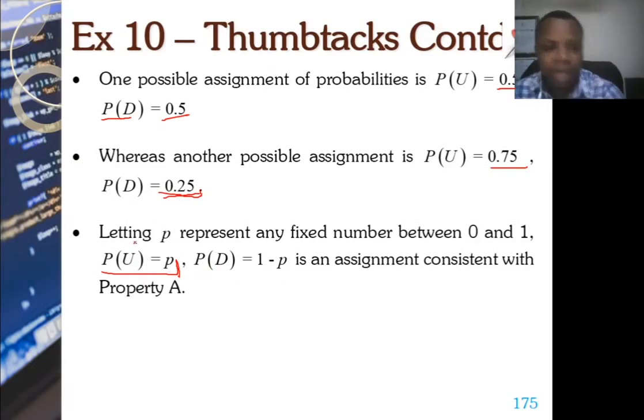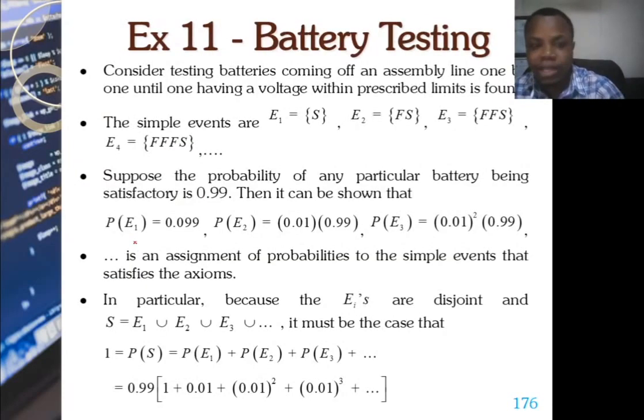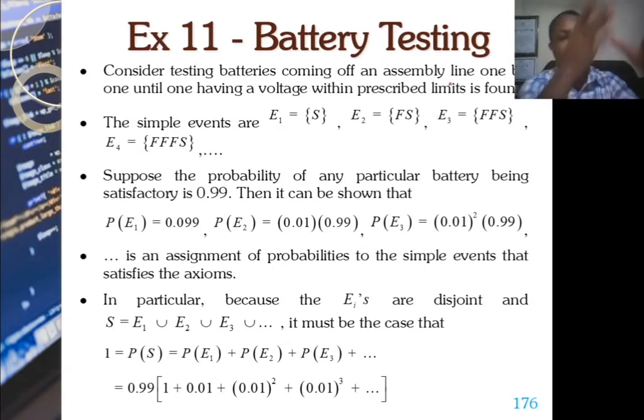Now let's look at another example involving testing of car batteries. Consider testing batteries coming off an assembly line one by one until we have a voltage within prescribed limits. Remember, once we are dealing with assembly lines, it means that we have objects on them.